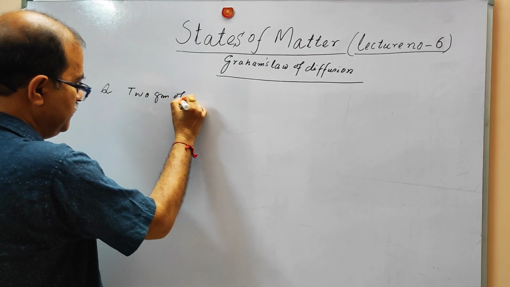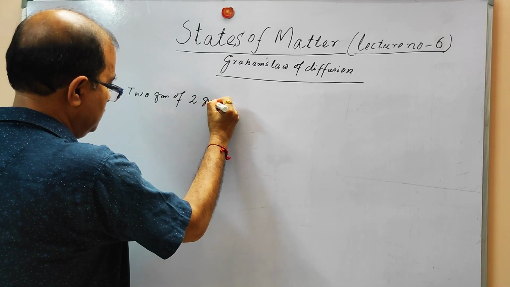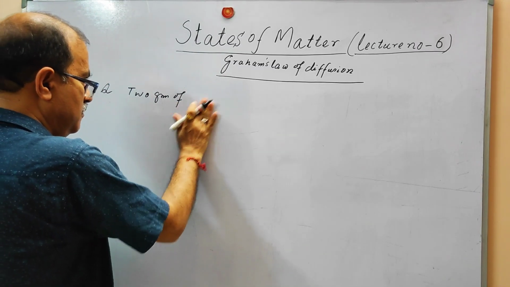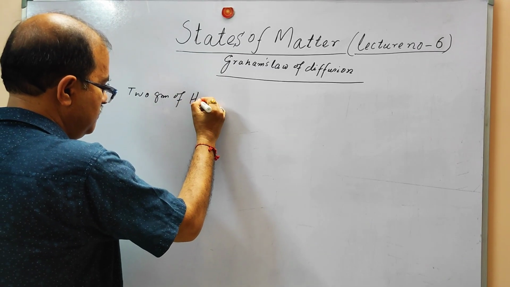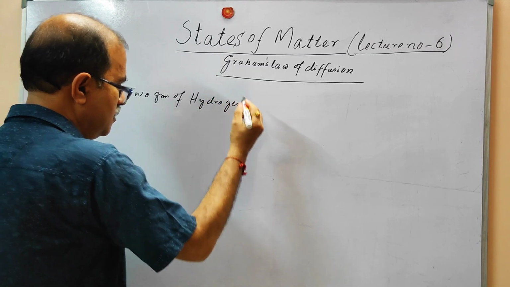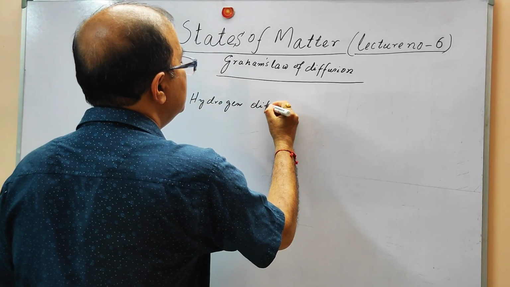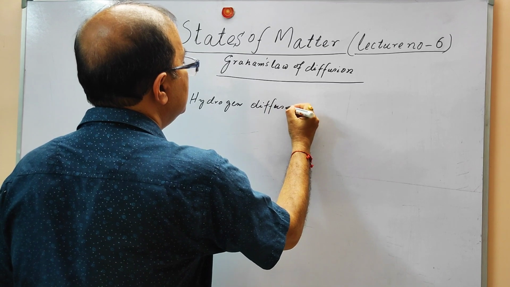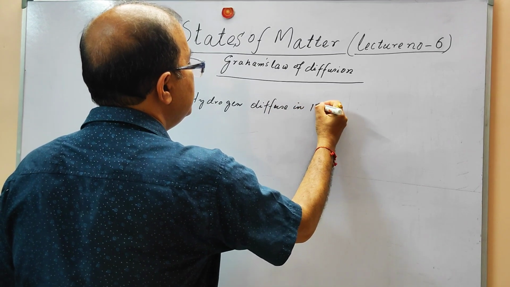Now the next question: 2 grams of hydrogen diffuse in 10 minutes.